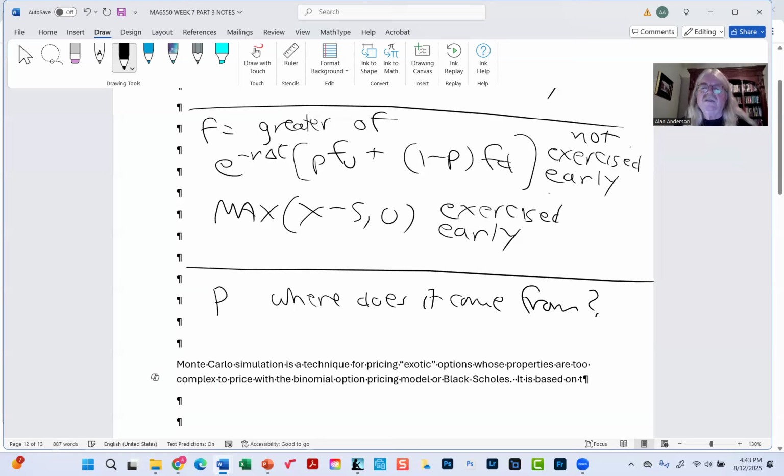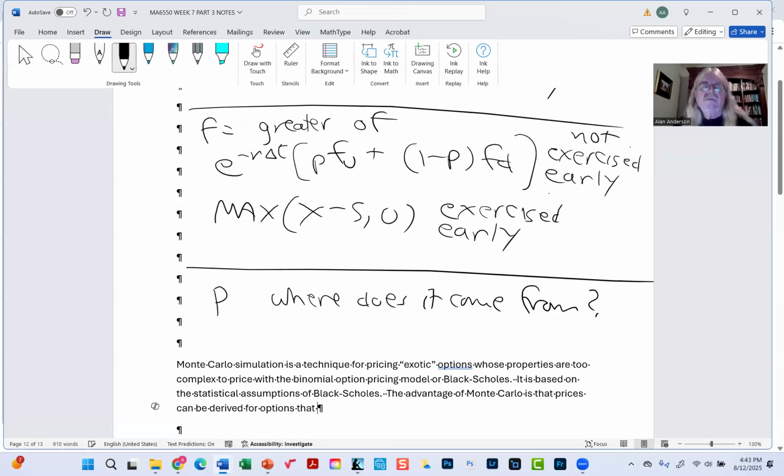It is based on the statistical assumptions of Black-Scholes. But the good thing about Monte Carlo is that you can price options that do not trade on a regular basis, that have bizarre features.